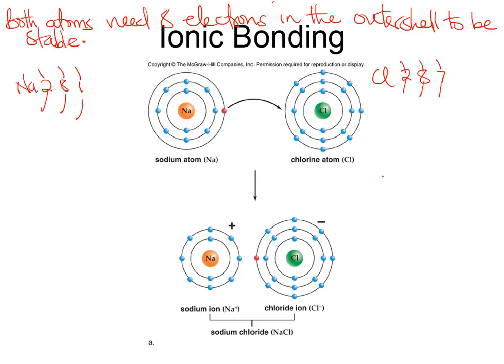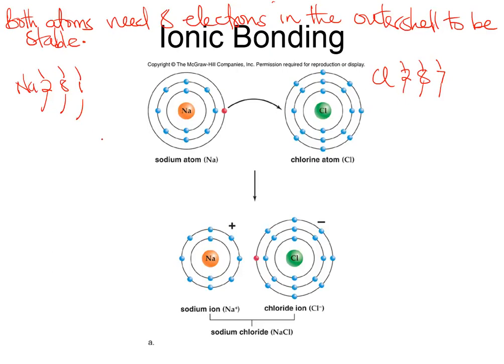Now, how does sodium get the 8 electrons? There are 2 ways that sodium can get the 8 electrons. It can get the 8 electrons in its outer shell by adding 7 more electrons here, so that in the end we have 8 here. But that would be too much. Where do we get all the 7 electrons?